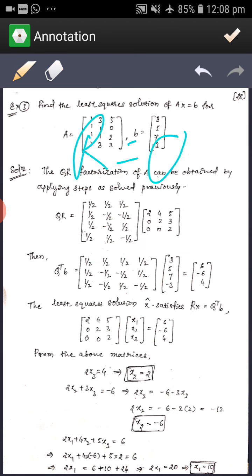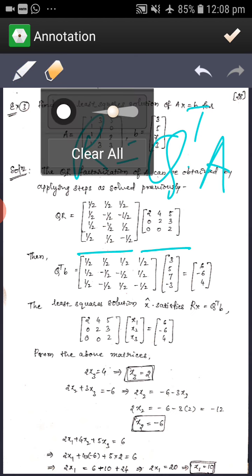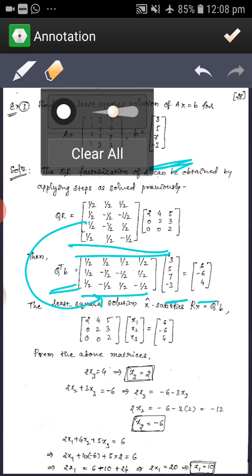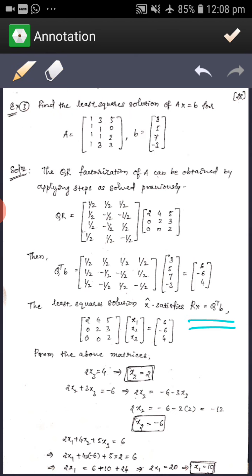R is equal to Q transpose into A. So we have directly given QR here, and we know how to calculate Q and R. Then Q transpose b: whatever Q is there, we need to take the transpose of that. b we know. After calculating this, we need to write it in this form: R into x equals Q transpose b. Q transpose b means this value.